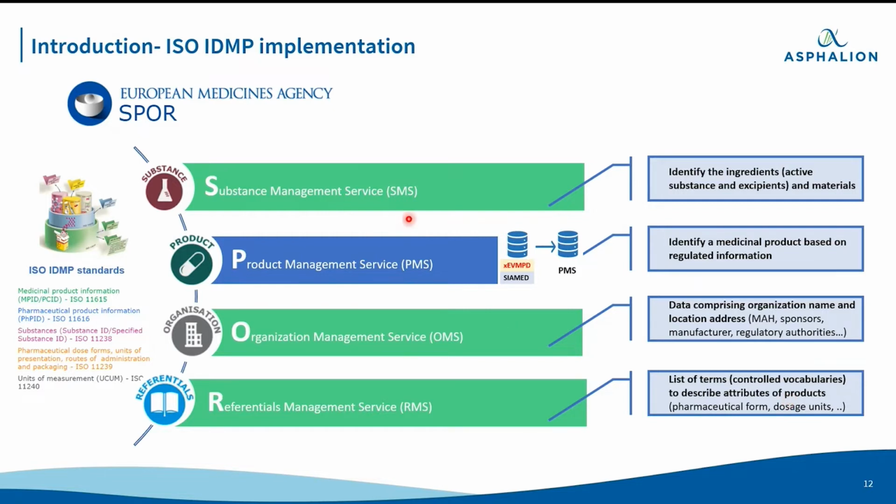If we look now here, the blue one, which is the Product Management Service, this one was made to identify a medicinal product based on regulated information. And PMS is currently under construction, and we will come back to this topic in a little bit. But what we can see here is that PMS is receiving information, or will receive information, from 2 important databases from the EMA.